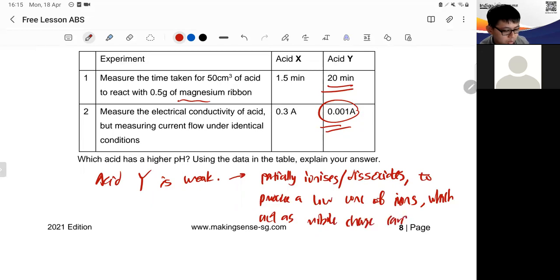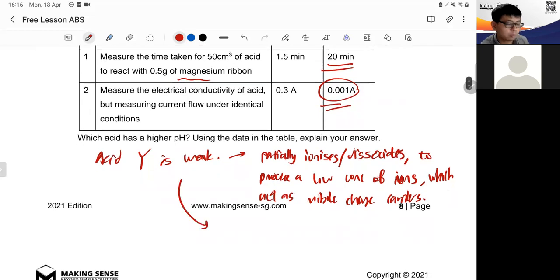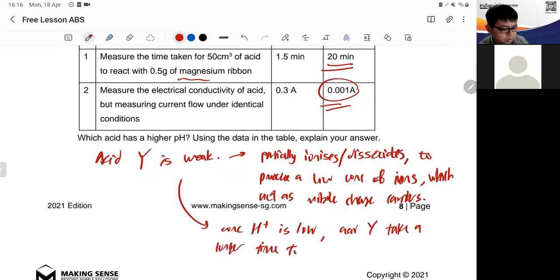So a small amount of mobile charge carriers means poor conductivity. So what else? What about the reaction? Because the concentration of H+ is low, because it's a weak acid, it dissociates partially. So of course, it means that acid Y will take a longer time to react. There's less H+ in the solution.